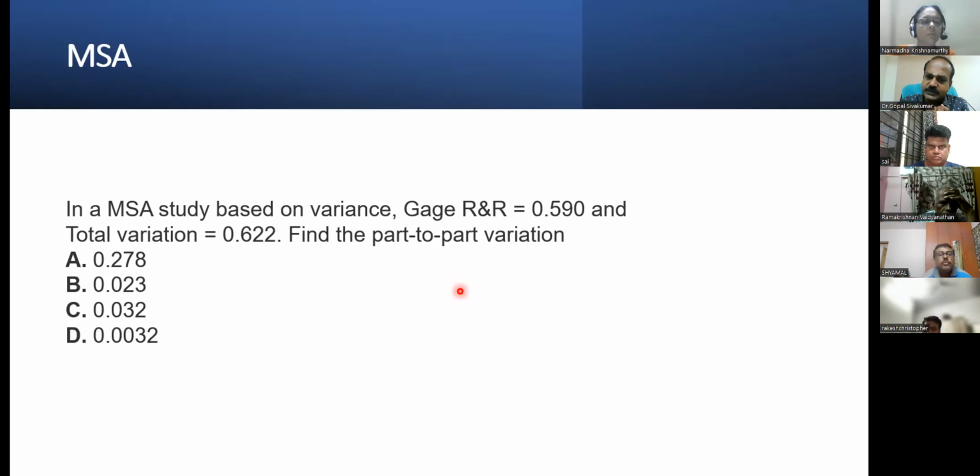One is the process itself, that is what we call part-to-part. Another is variation that can come from the measurement system, gauge R&R. Now tell me, 0.622 minus 0.590. Answer is C, 0.032. Very good. Beautiful. Very simple. Total variation equals gauge R&R plus part-to-part variation. This is the equation you must use to find the part-to-part variation.